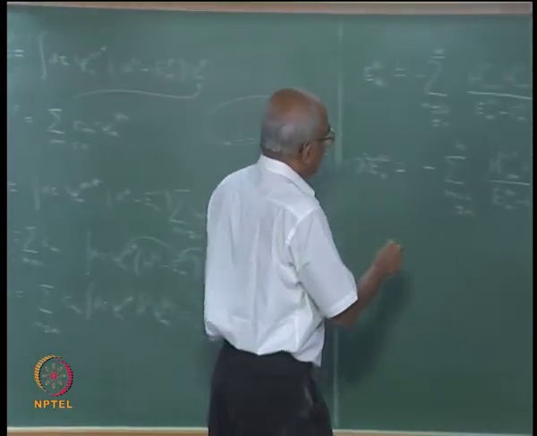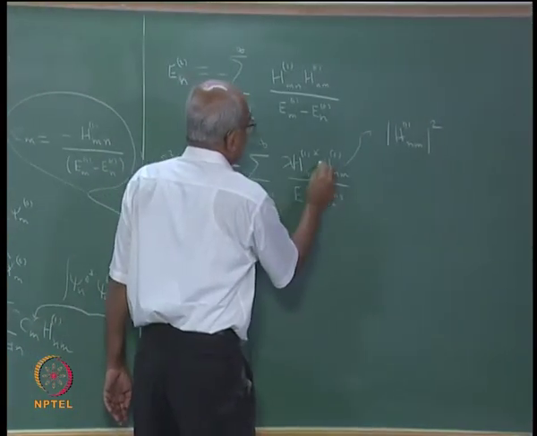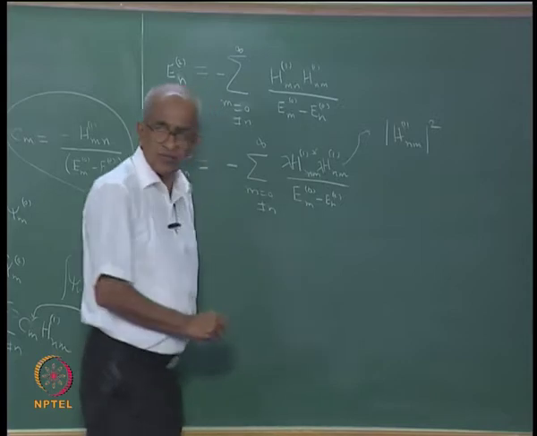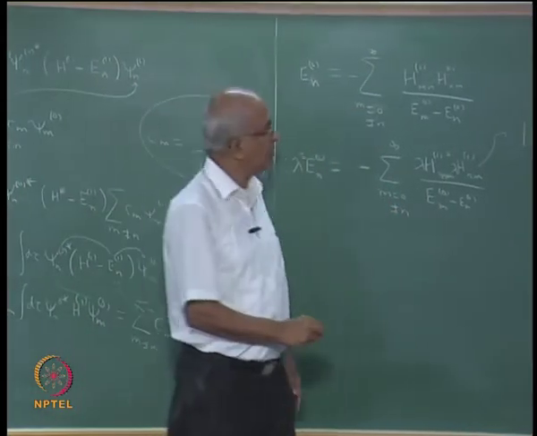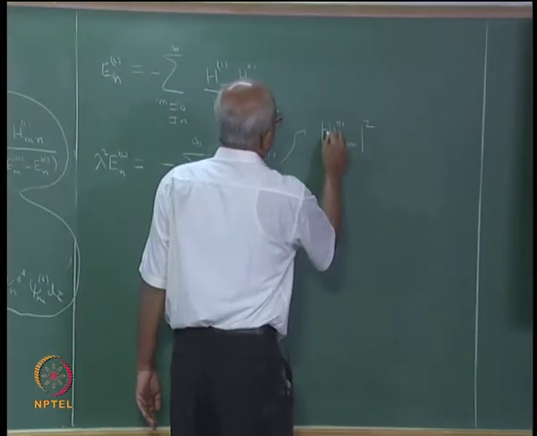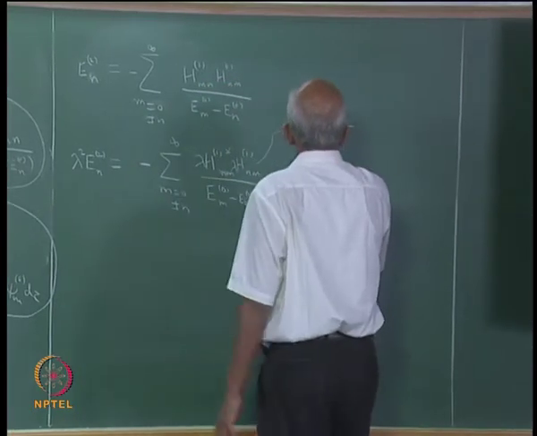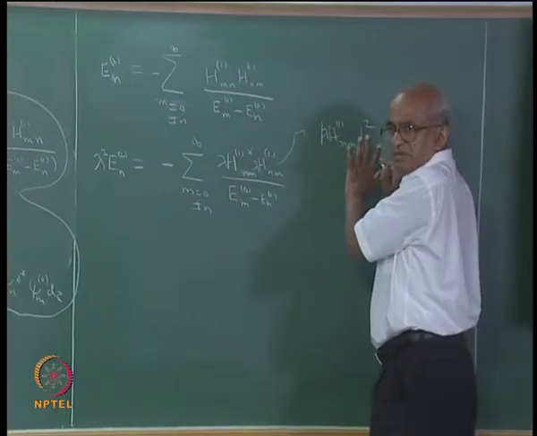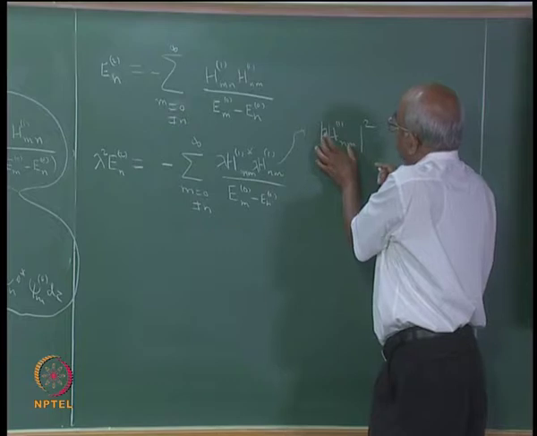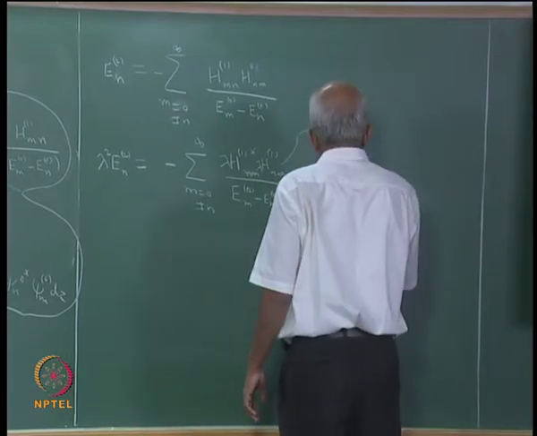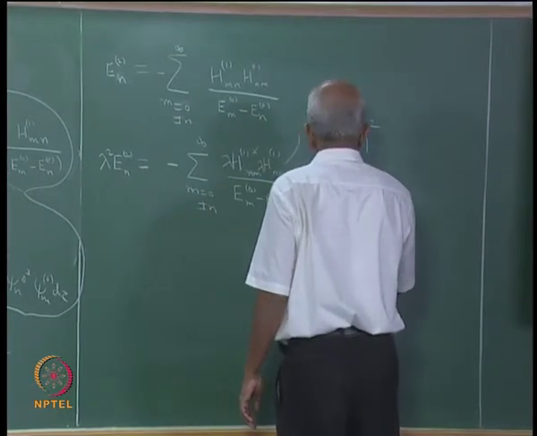So therefore I will get a lambda here and a lambda there, right? Or here you can say I will have a lambda square, and this is what? This is actually lambda h1, the perturbation.